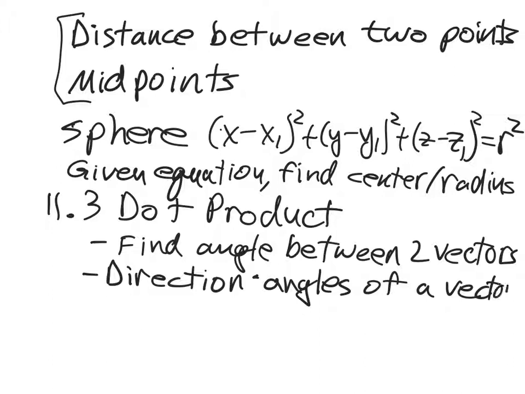So know how to find those, your direction angles, or sometimes called direction cosines, because it's all dealing with the cosine of the components. So make sure you're able to find those.